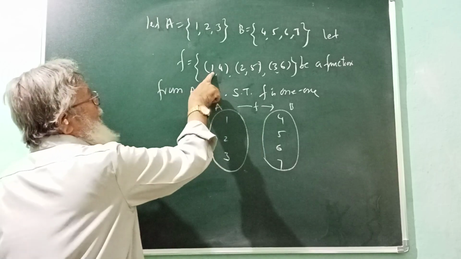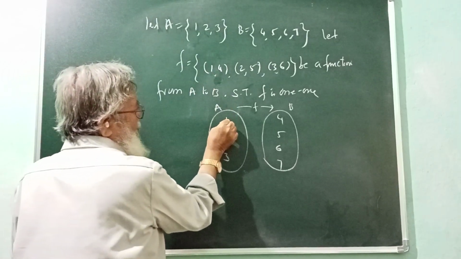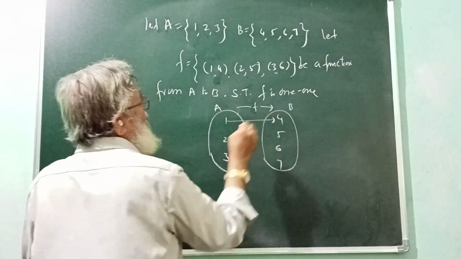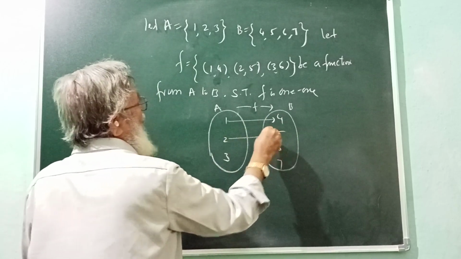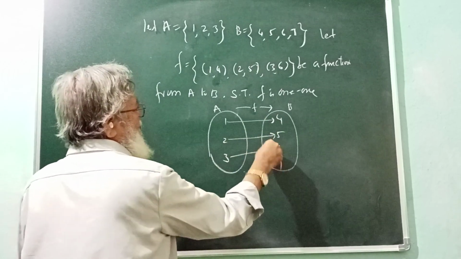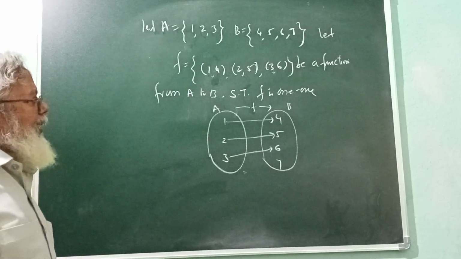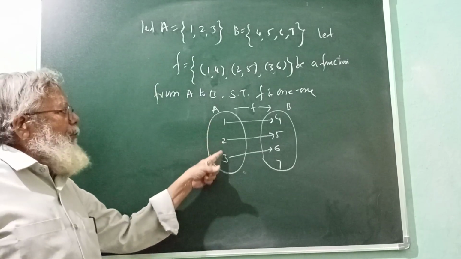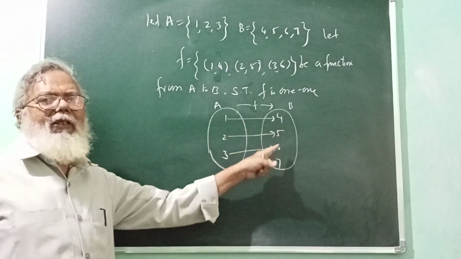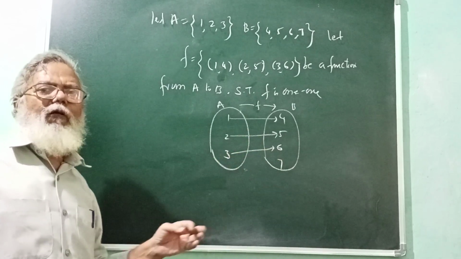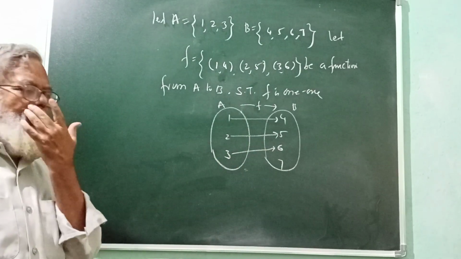The image of 1 is 4, of 2 is 5, of 3 is 6. Now see here, distinct elements of A have distinct images in B under f. Therefore f must be one-one.